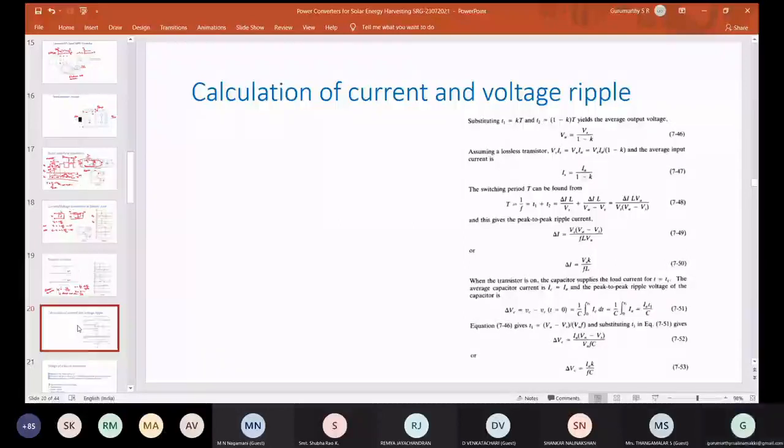In the same philosophy you apply Kirchhoff voltage law and current law, and you can find the values for delta I and delta Vc, that is the current and voltage ripple. Suppose the load current is something like this, the average current. So this switching may go like this.